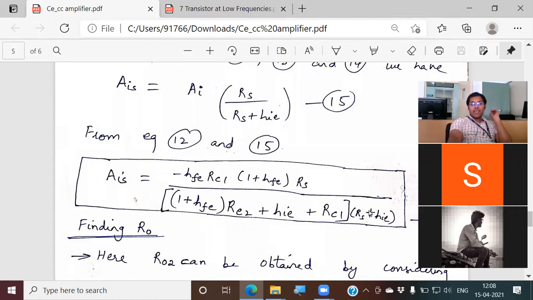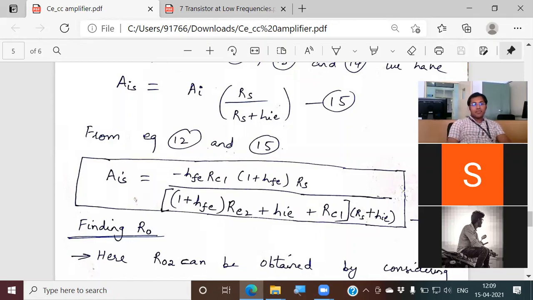Akhil Sai, still getting the same value? Sir, I'm getting 0.15 itself, sir. See, this term is not multiplied completely. This term is only multiplied to RE2. Anyway, yes, Soumya completed, 493.